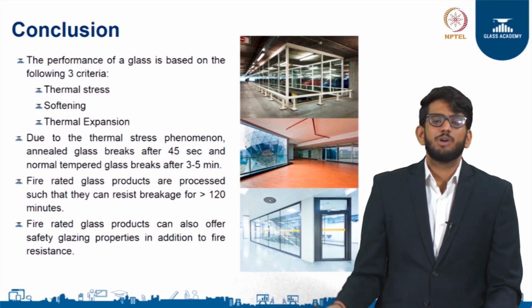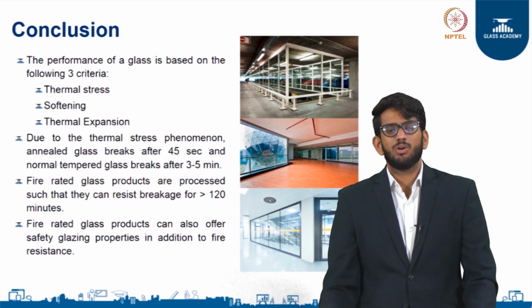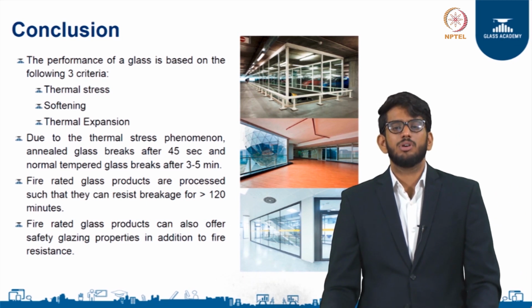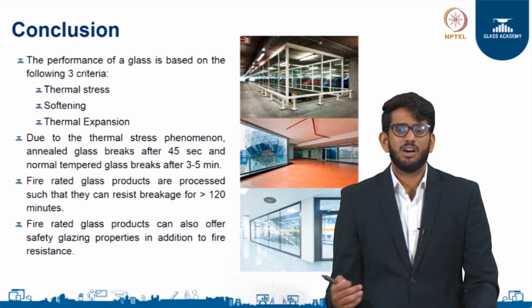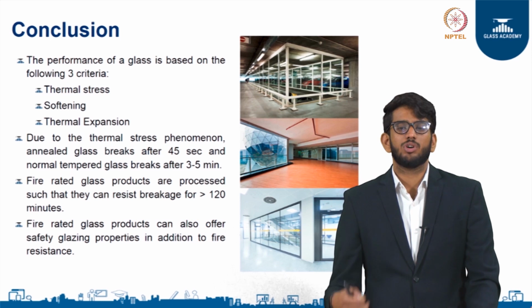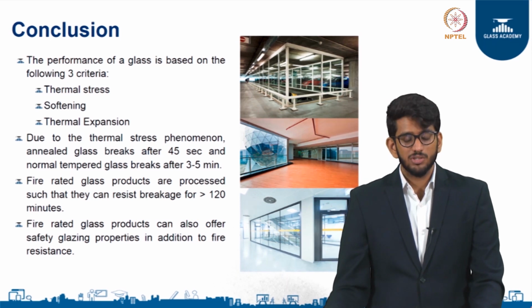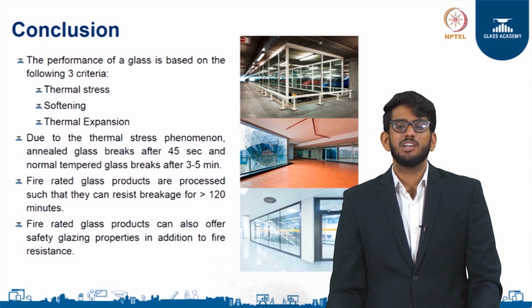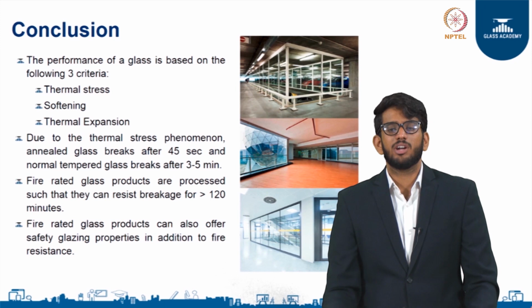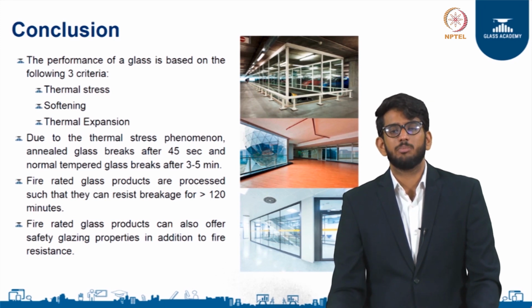So the next part of the session is going to be about how specialty fire resistant glasses are classified, where they find application, what the norms are. But it's also interesting to know that a fire resistant glass can also offer other benefits which are very typically seen in other value added products like a laminated glass or a tempered glass.